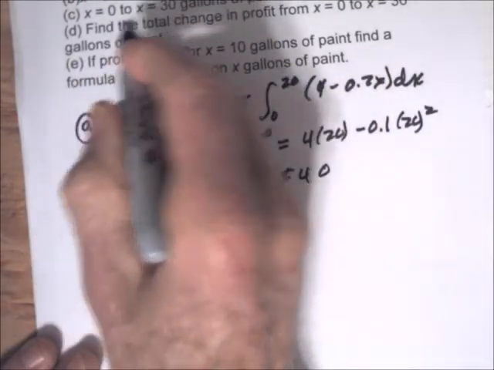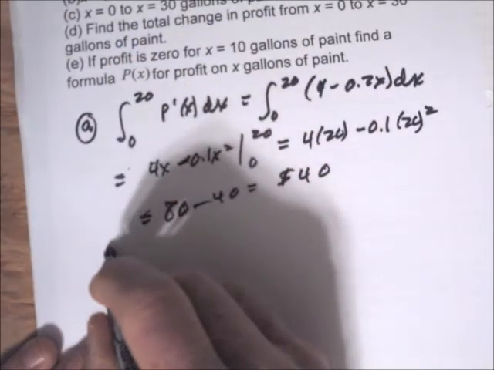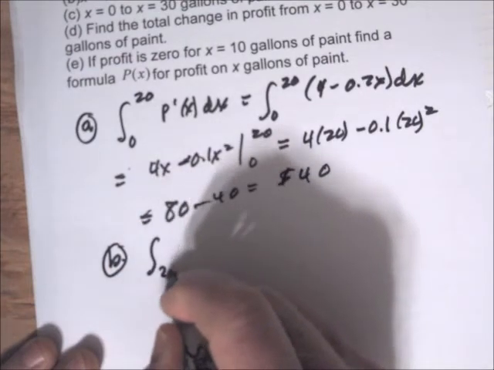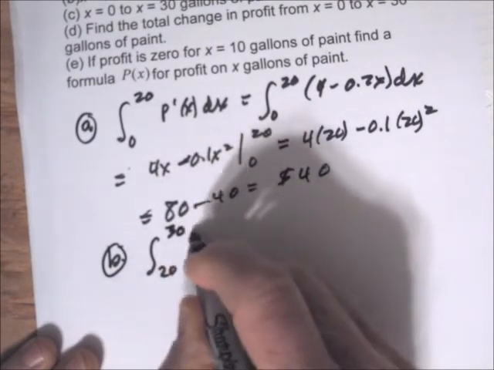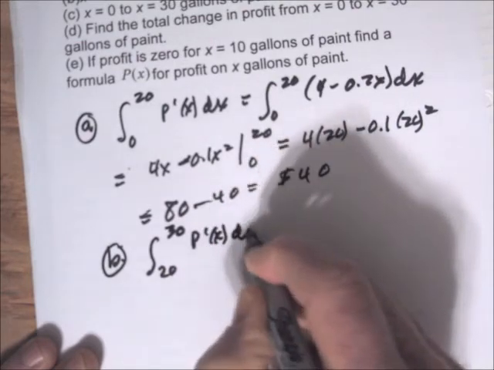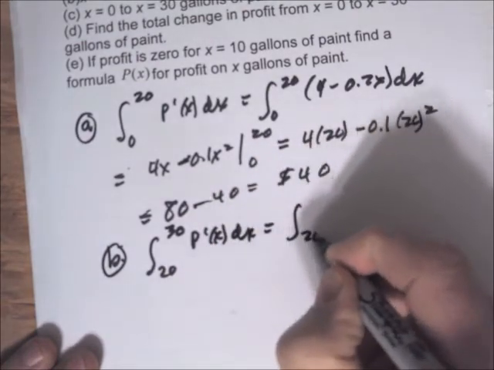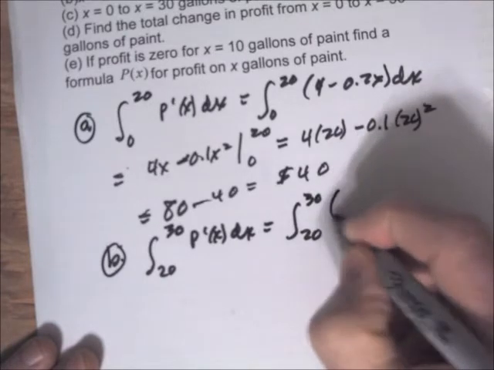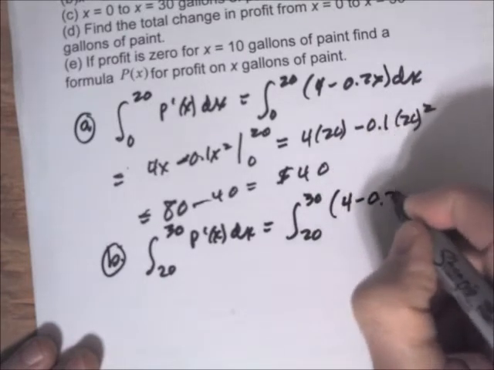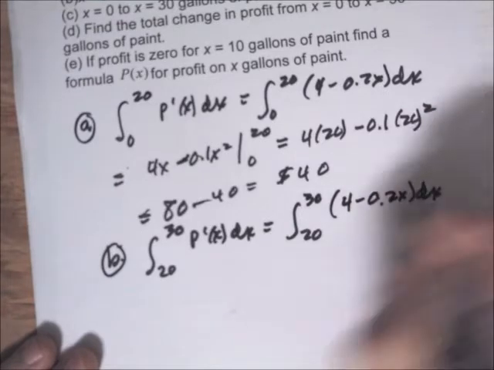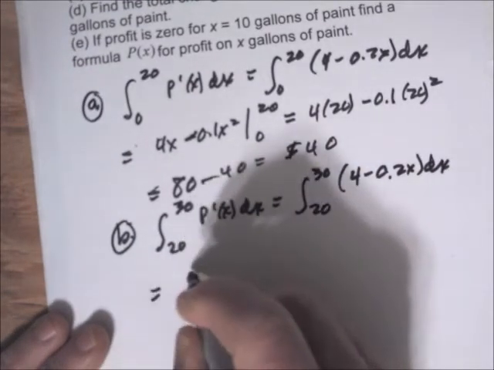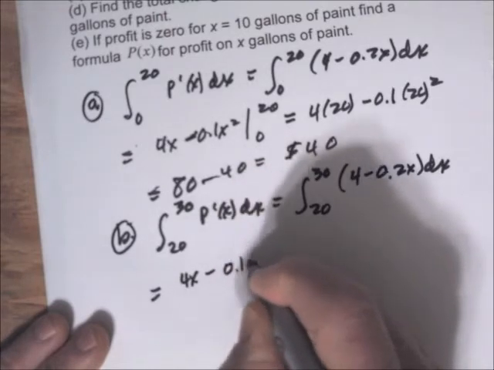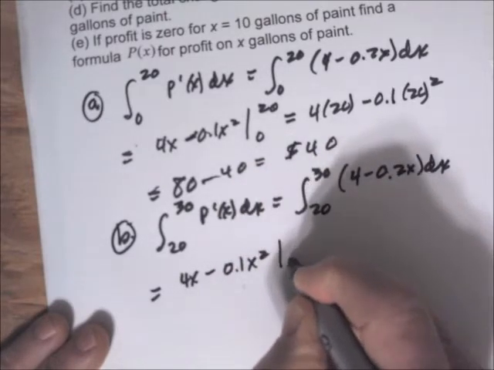Okay, so from 20 to 30, we want the integral from 20 to 30 of p prime of x dx, the integral from 20 to 30 of 4 minus 0.2x dx. This is going to be 4x minus 0.1x squared from 20 to 30.